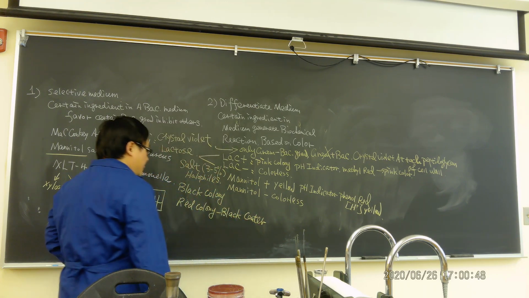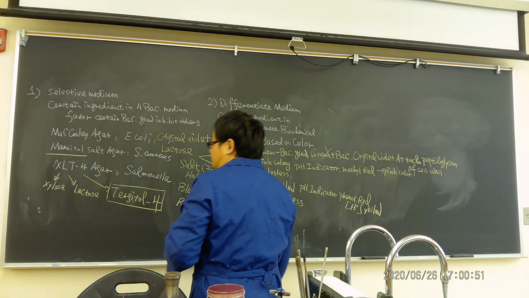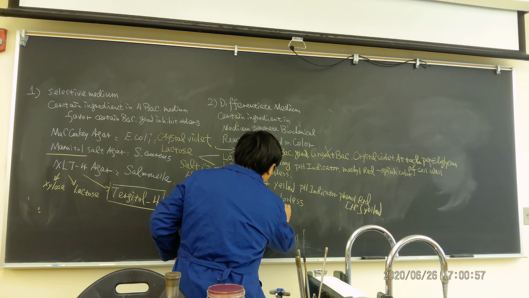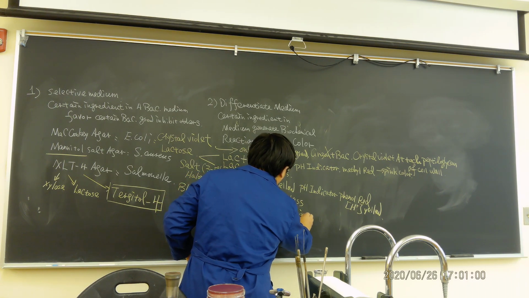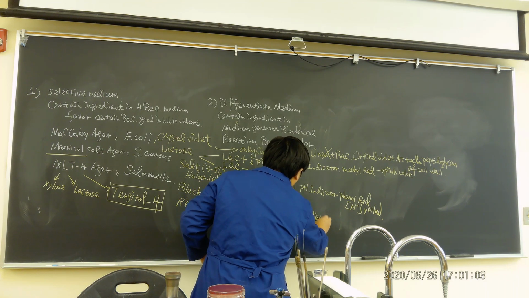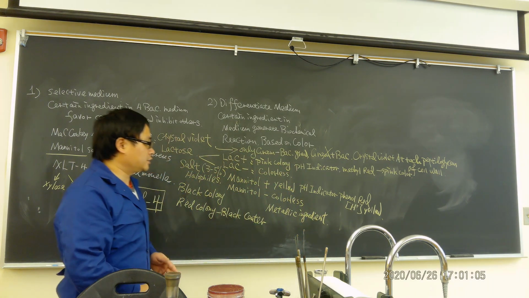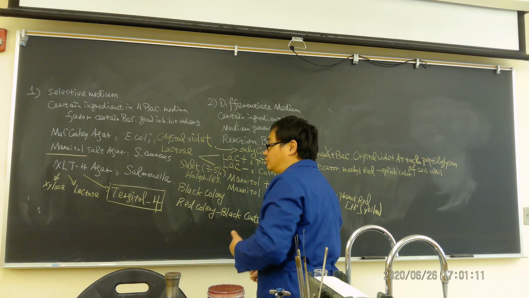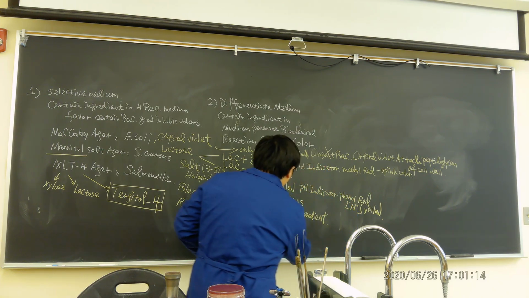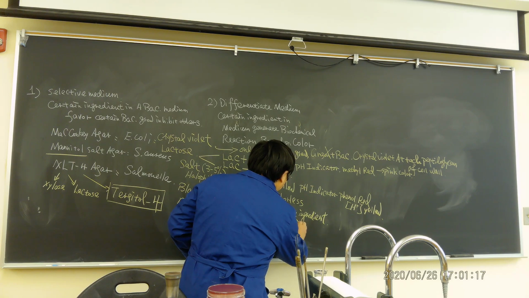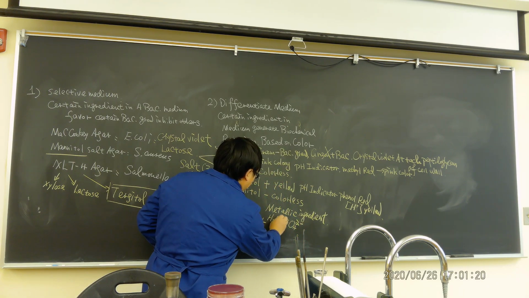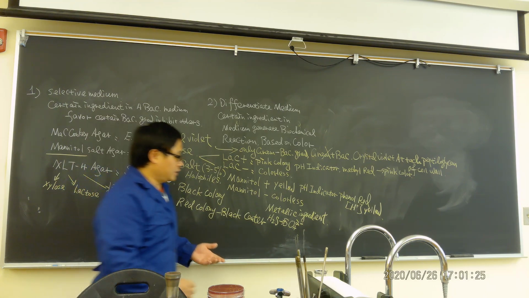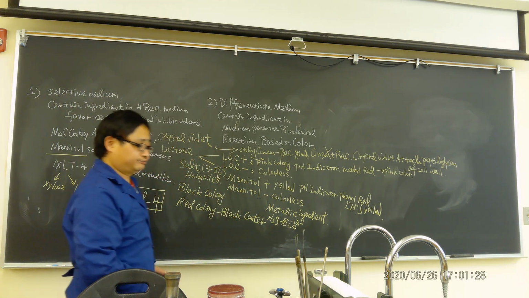The reason is there are metallic ingredients in there, and through anaerobic fermentation, sulfide is produced, therefore it will show you a black colony.